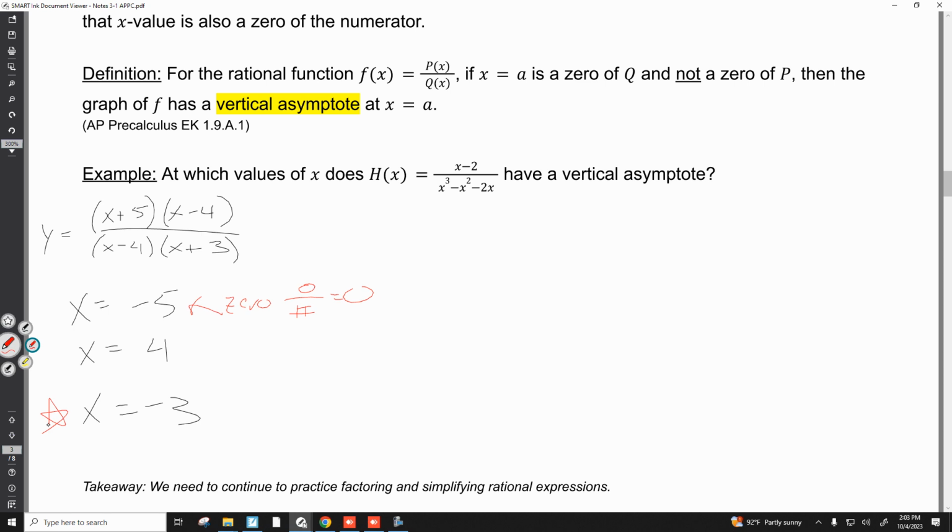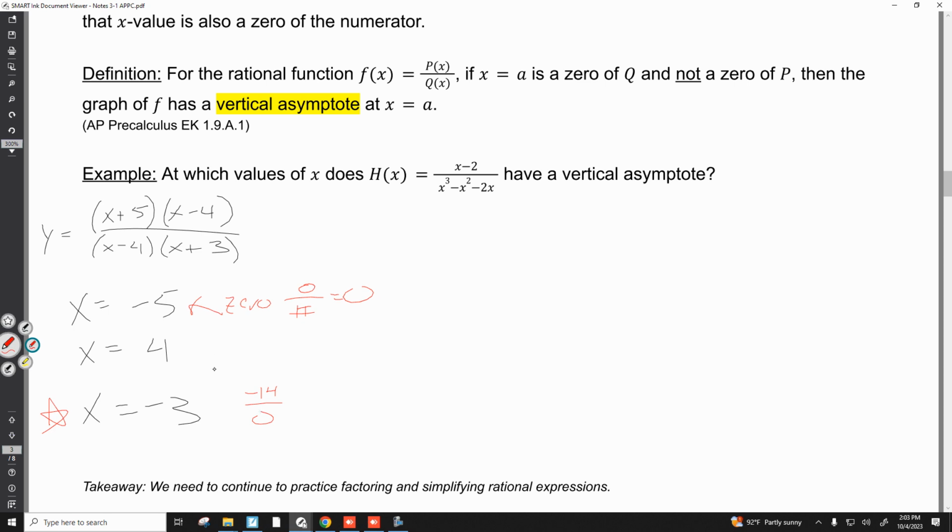Plug in -3. Hold on, McCarty. You're working too far advanced. If I plug in -3, I get 2 times -7, which is -14, over -7 times 0. Okay, that's 0. Cool? You with me, McCarty?